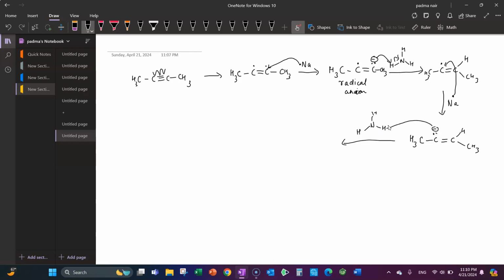So this takes up the proton here, puts the electron here, and now since the trans arrangement of protons will be the most stable one, we will have the other hydrogen sit trans to the previous one, and now our final product is formed in this manner. Okay, so that's how we get the trans alkene.